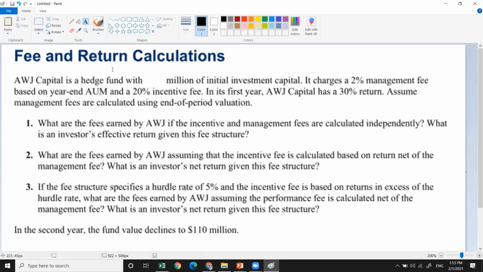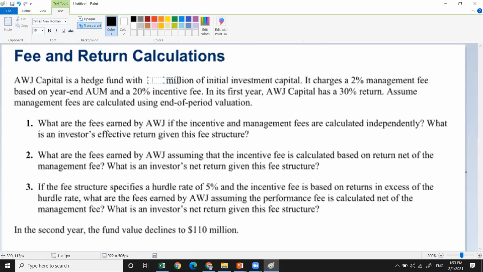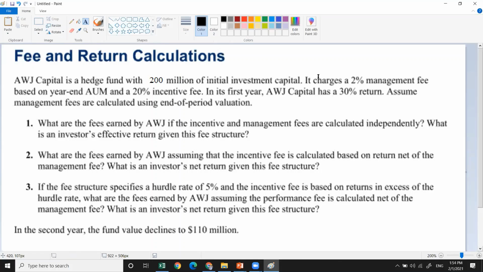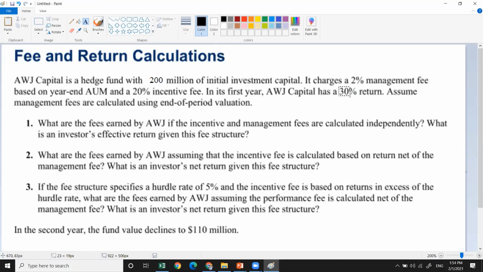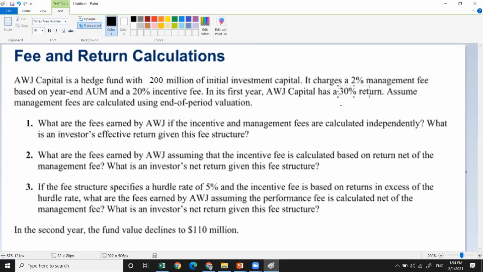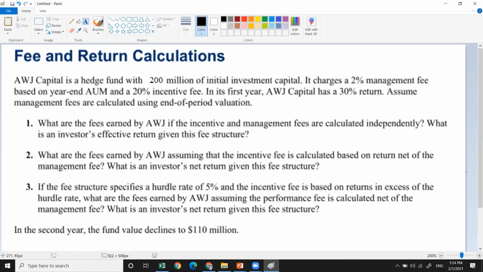Just practice. So 200 here, and the capital return, let's say, let it be 30%. Just perform the same thing with this value change, with the 200 million.